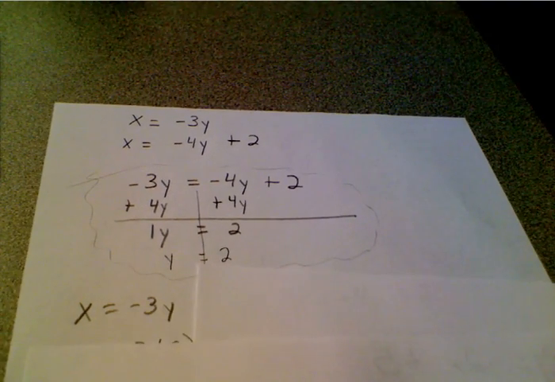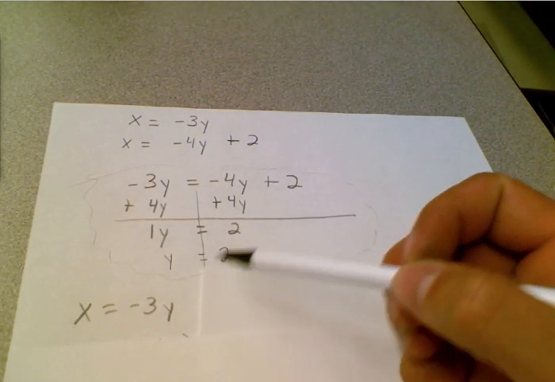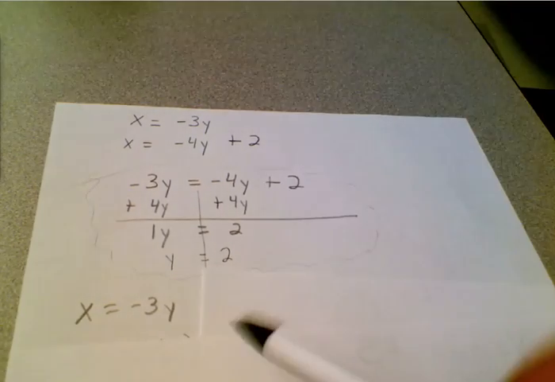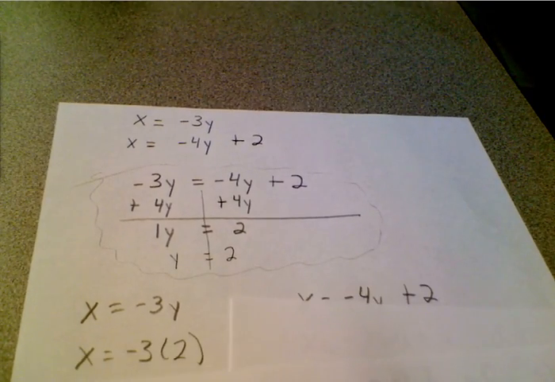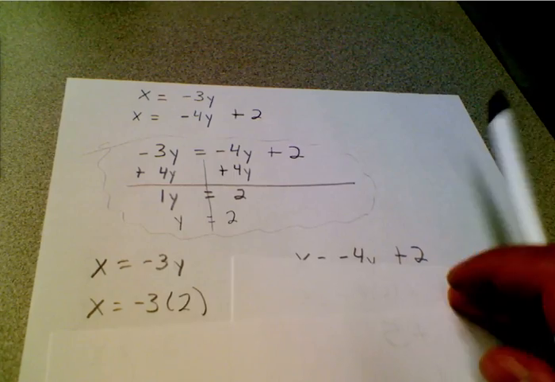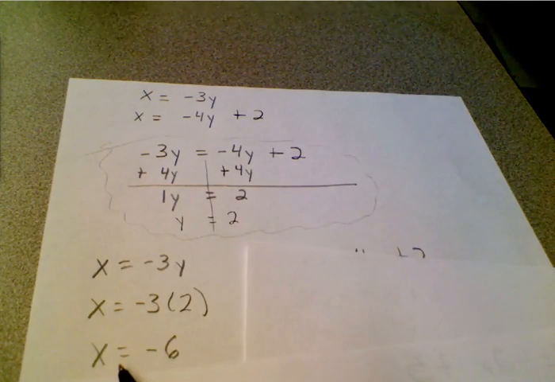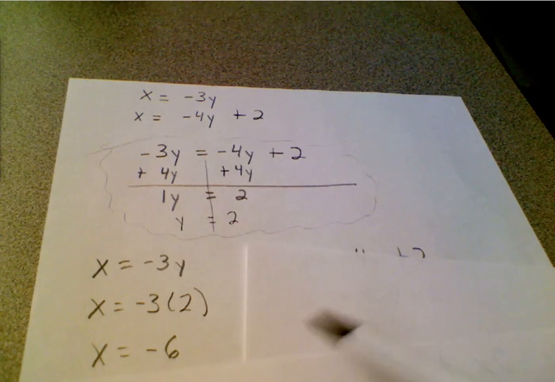I'm just going to plug it in here for x equals negative 3y. I'm going to plug in 2 for y here. So once I do that, I see that x equals negative 3 times 2, which is negative 6. So x equals negative 6.